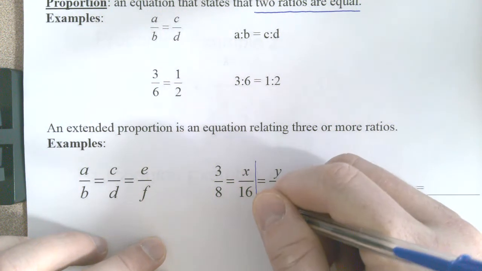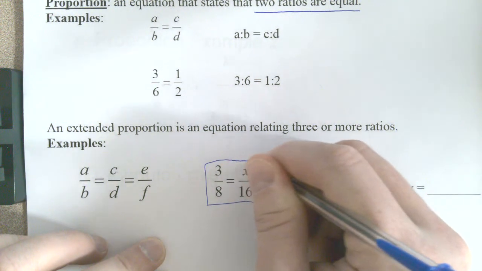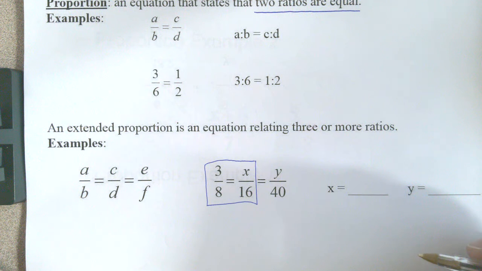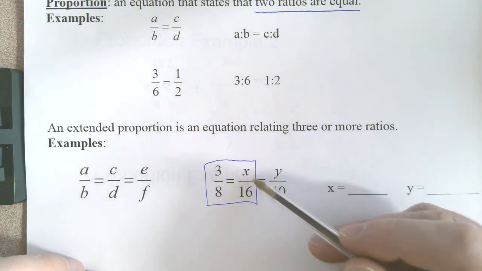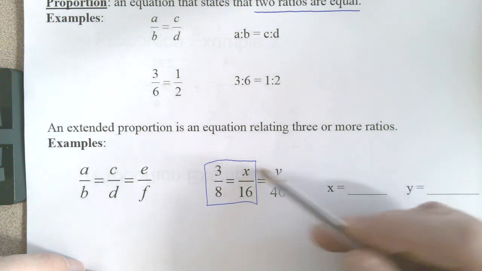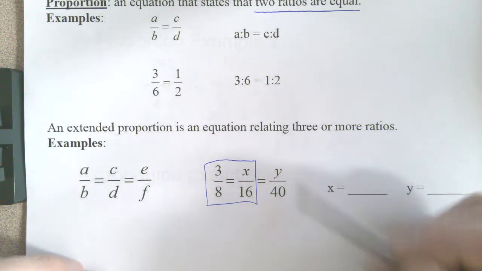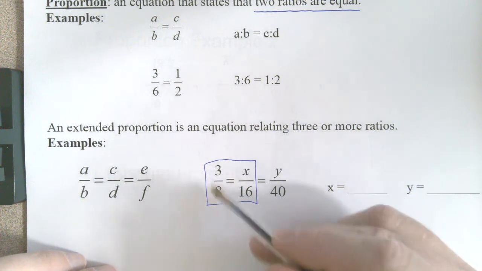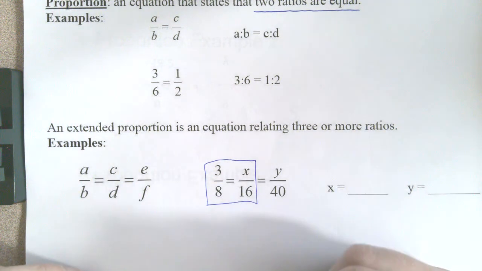When I'm doing cross multiplication, I do have to focus on 2 fractions where there's only one unknown. In other words, I wouldn't be able to put x equals 16 and y over 40 and be able to solve that problem. So I'm going to solve the first one over here to the left first.